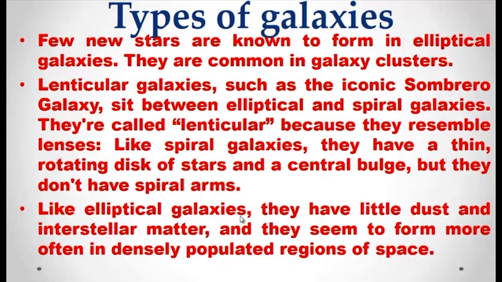Like spiral galaxies, lenticular galaxies have a thin rotating disk of stars and a central bulge, but they don't have spiral arms. Like elliptical galaxies, these lenticular galaxies have little dust and interstellar matter, and they seem to form more often in densely populated regions of space.